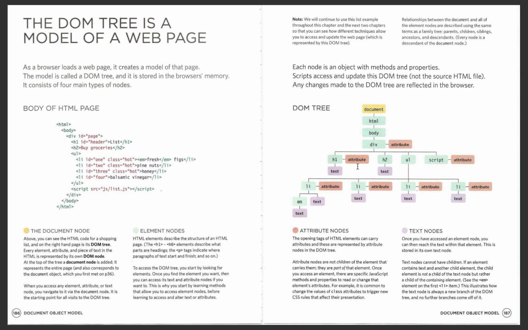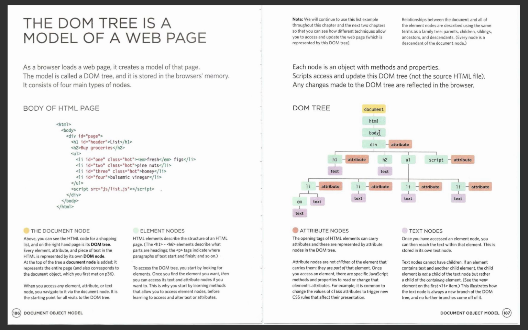So if we were going to use some of the built-in JavaScript methods, and we were going to start at body, let's try to work our way down to getting pine nuts. We would do something like document.getElementsByTagName on the body, and we would have the body.